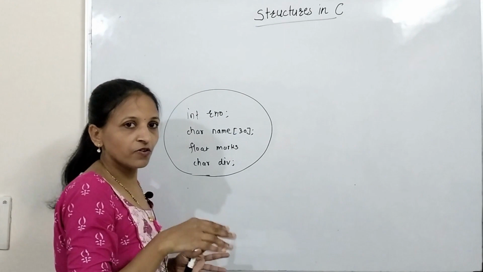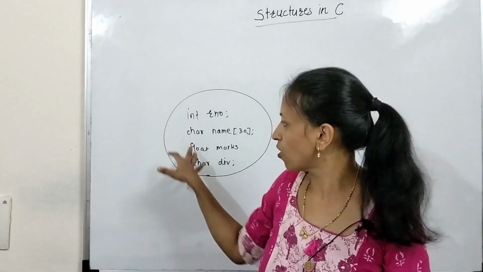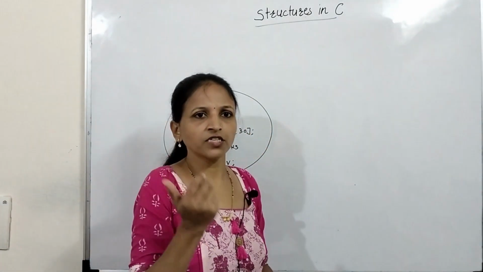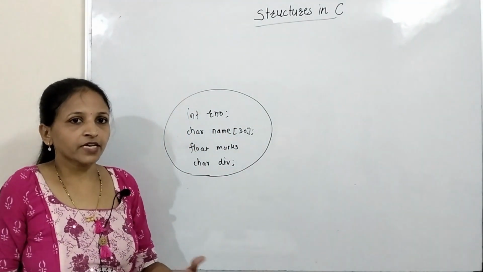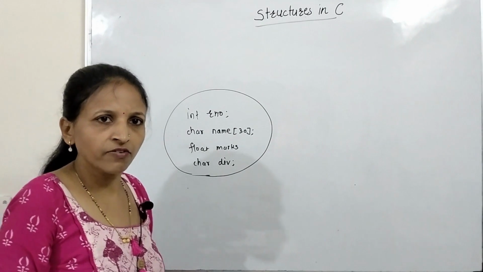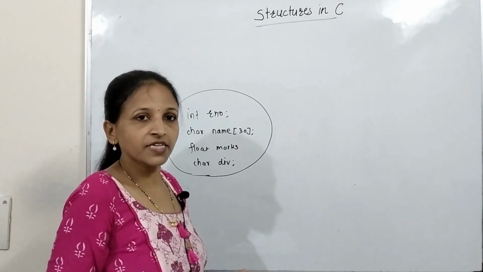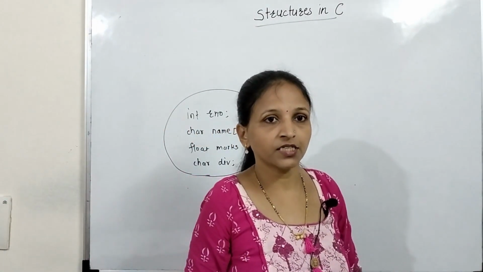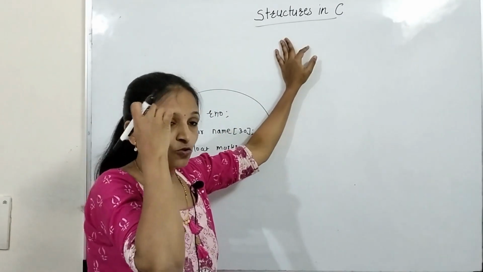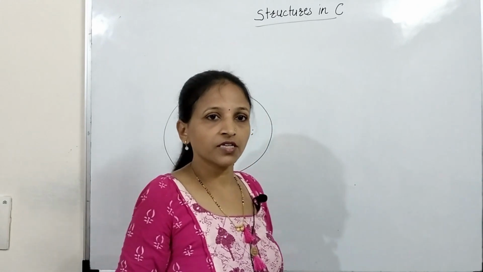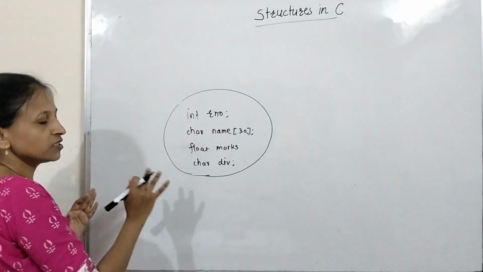Whenever we create one unit to represent all this, we can create one instance that will represent one student, then a second that will represent the second student. In this way we can represent data about any entity. We can use this structures concept. I want to store data about a student, so I will create this structure.